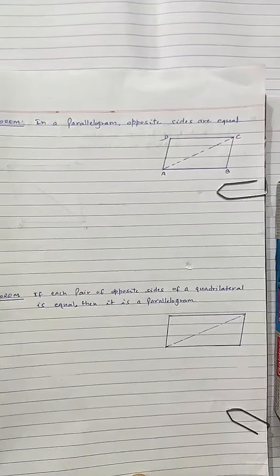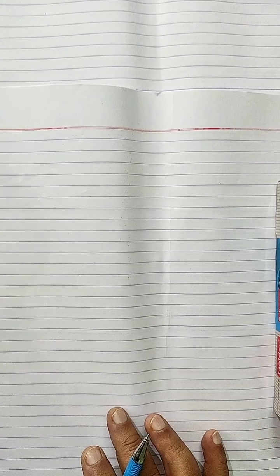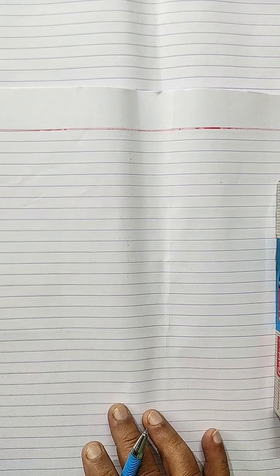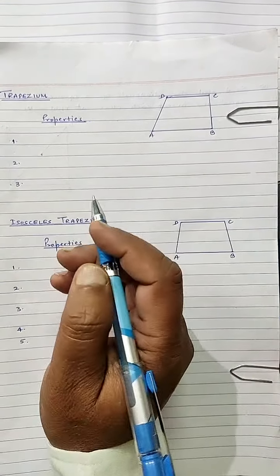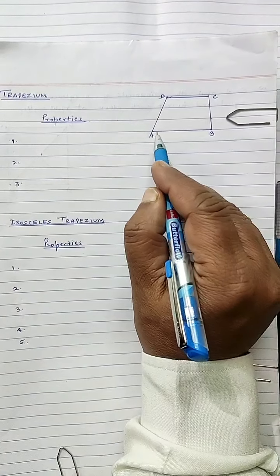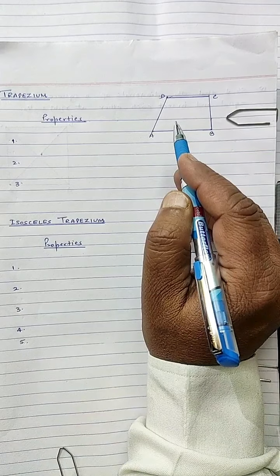And now we have one more type of quadrilateral, that is a trapezium. See, this is the figure of a trapezium ABCD.